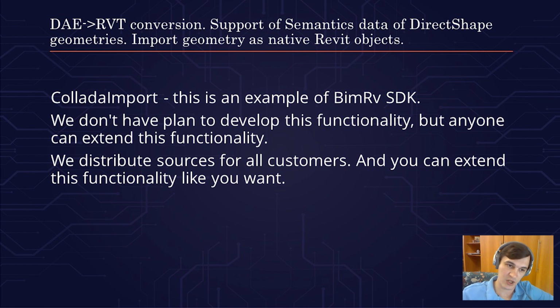We create DirectShape elements and store geometry inside. This can be meshes, or we can create BRep from these meshes with the ODA BRep builder, which helps us create correct boundary representation geometry. And we store only geometry inside the file formats.